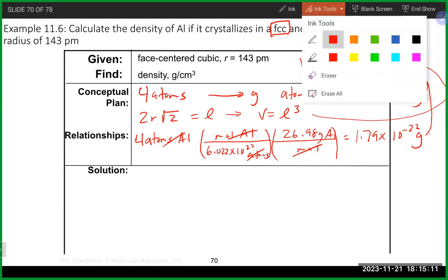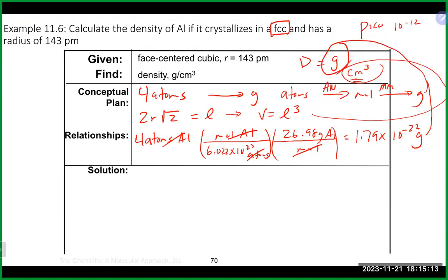The next thing I want to do is figure out the volume, but I do want to do something before I just throw this number in here, although that is the radius at 143 picometers. Ultimately, I do want my length to be in centimeters so that when I cube it, I will be in cubic centimeters.